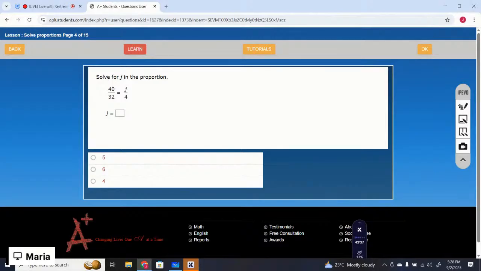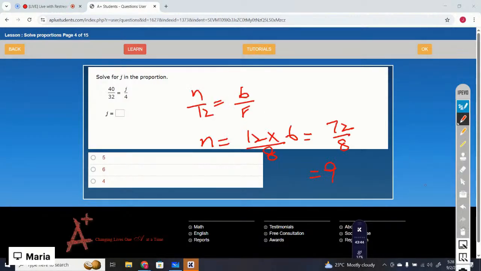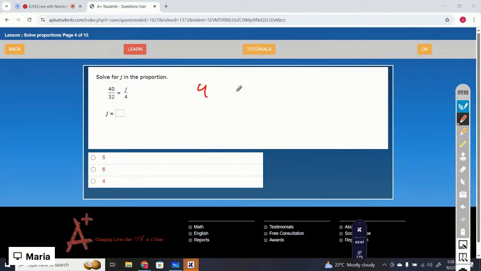40 divided by 32 equals j over 4. So let's just solve it for j. That is 40 times 4 over 32 equals j. That is 160 divided by 32.